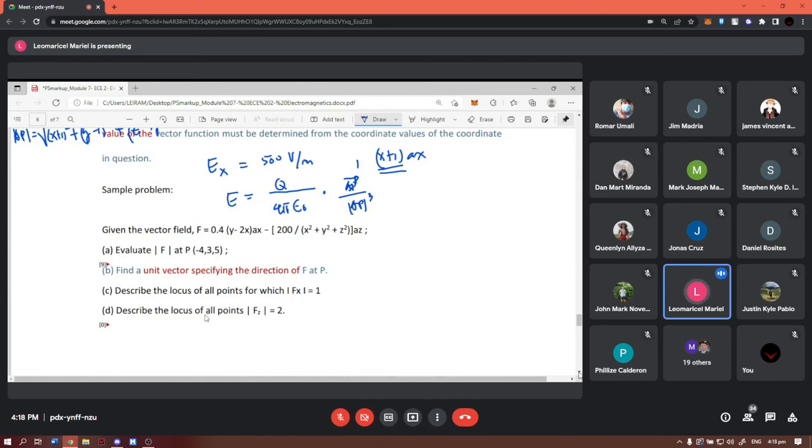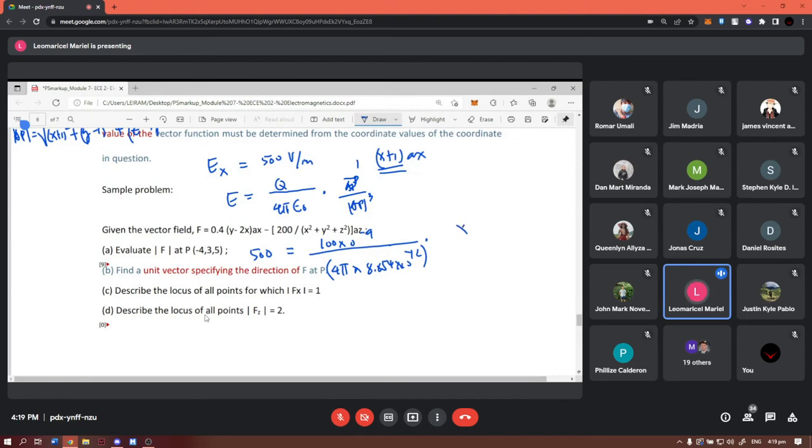So, ang gagawin mo dyan, that would be 500 volts per meter equals yung charge mo na binigay, the charge is 100 nanocoulombs, no? 100 times 10 to the negative 9 all over 4 pi times 8.854 times 10 to the negative 12, multiplied by yung vector component mo lang sa AX.